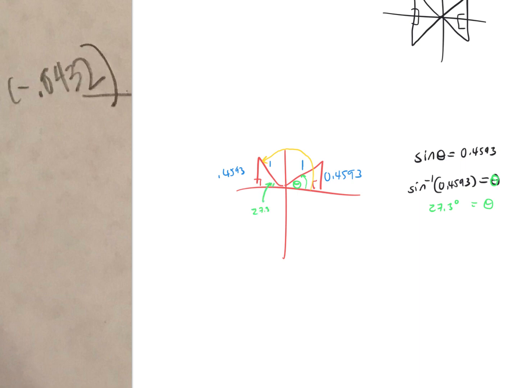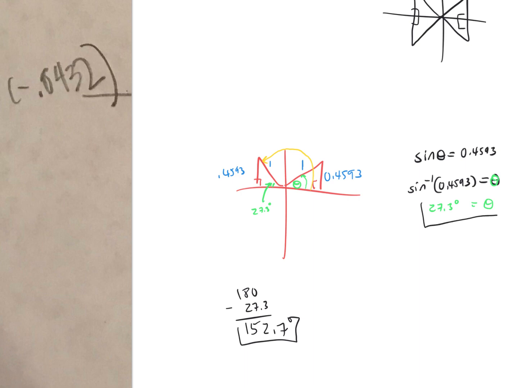This angle right there. So I think my student recognizes that if we want this yellow angle, well, that would be 180 degrees minus this green angle, right? That would be 180 degrees minus 27.3. So 180 minus 27.3 is 152.7. Okay, so that would also be the other answer.